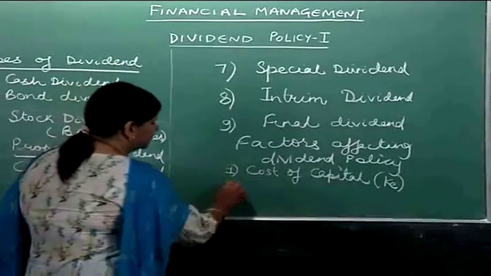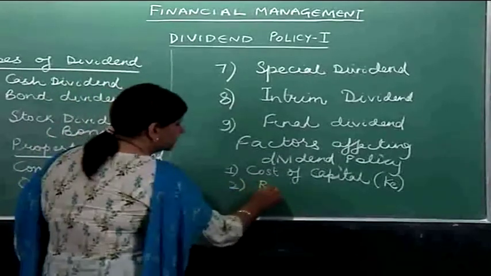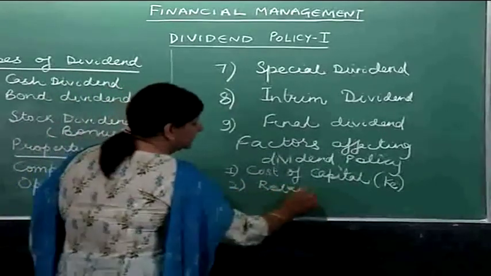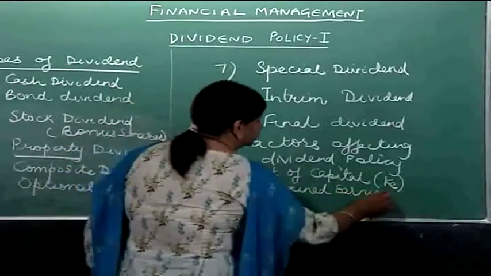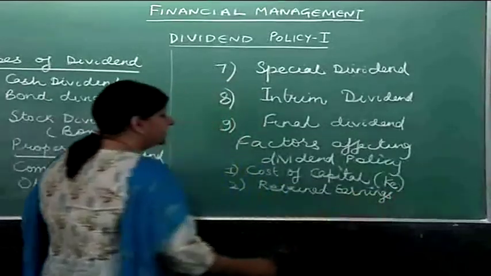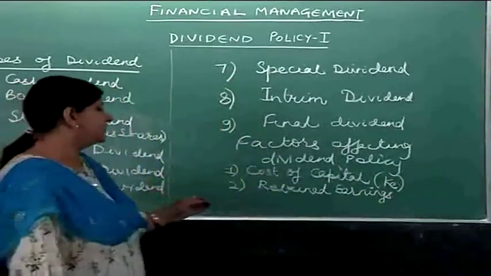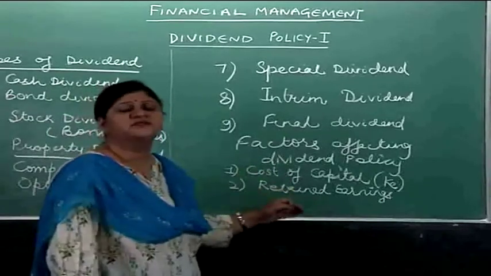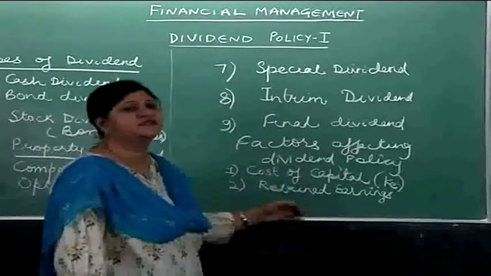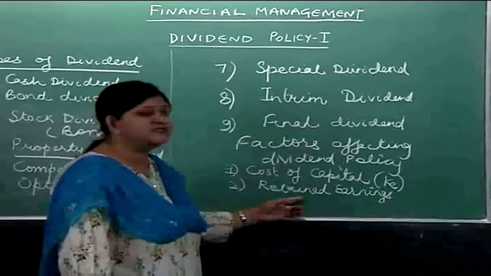Next one is retained earnings. Retained earnings are of vital importance when we find out the dividend policy, because the decision of paying the dividend is primarily based on the retained earnings.